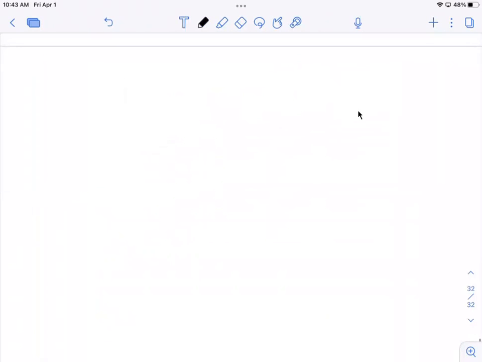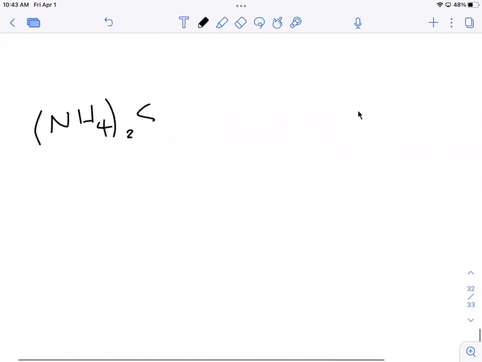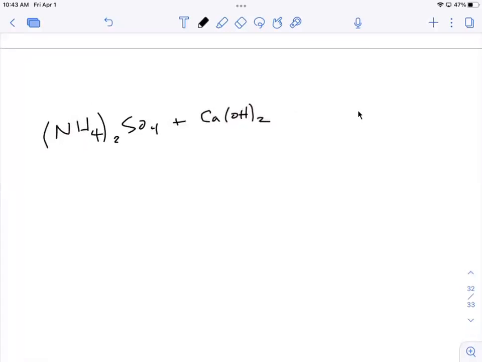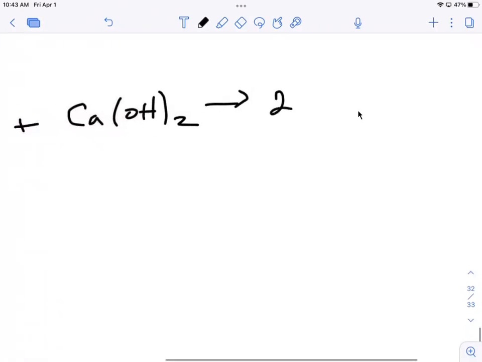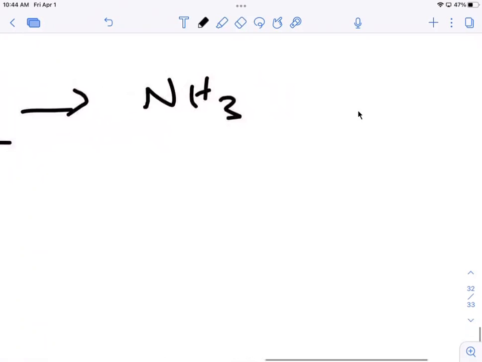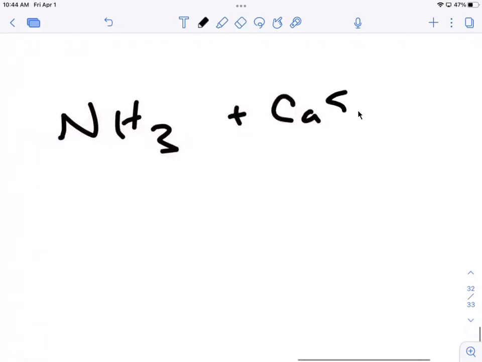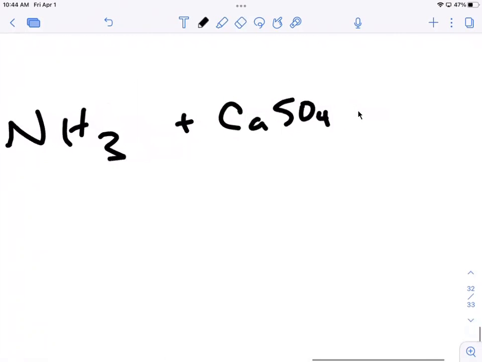So here's the equation. So ammonium sulfate plus calcium hydroxide gives me NH3 plus calcium sulfate plus water.